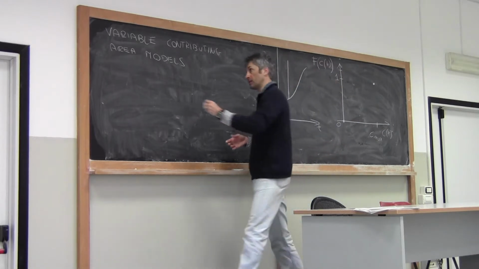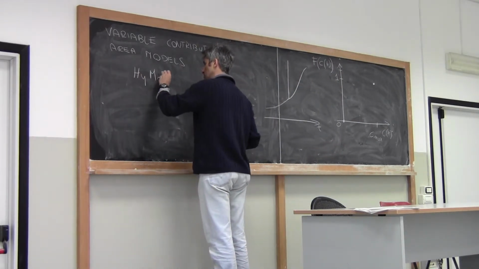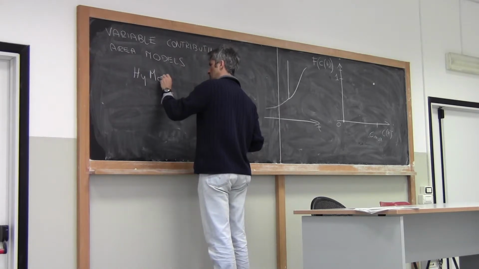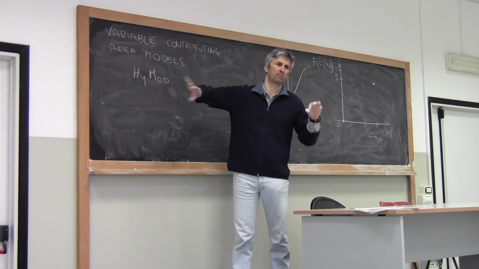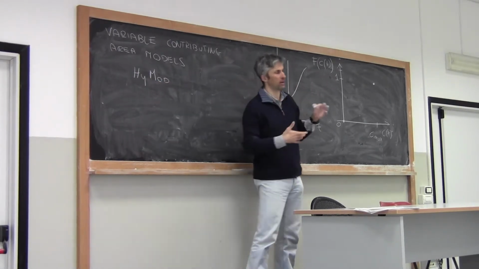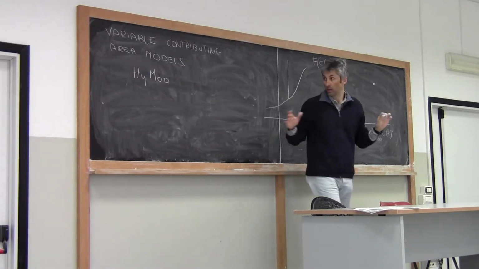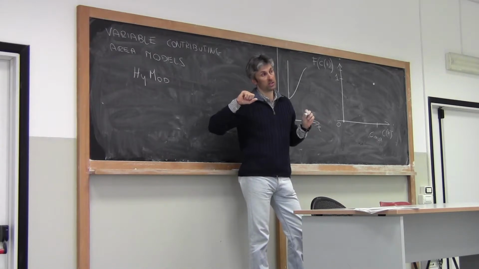And the model that I'm talking about now is called IHmod. It doesn't matter if you write it in lowercase or capital letters, it's not a problem. And I think it is a very useful model because it's very flexible and very simple.